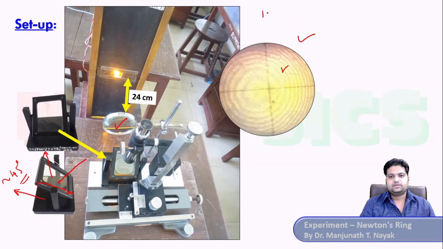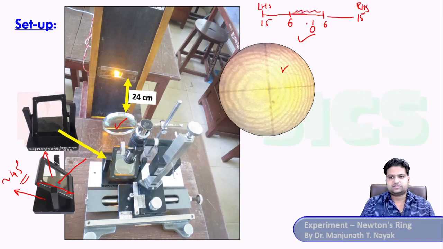First of all we need to focus it in such a way that we get 15 rings on the left hand side and almost 15 rings on the right hand side from the center. We will take the reading from 15 up to 6 and then move on this side from 6 to 15.